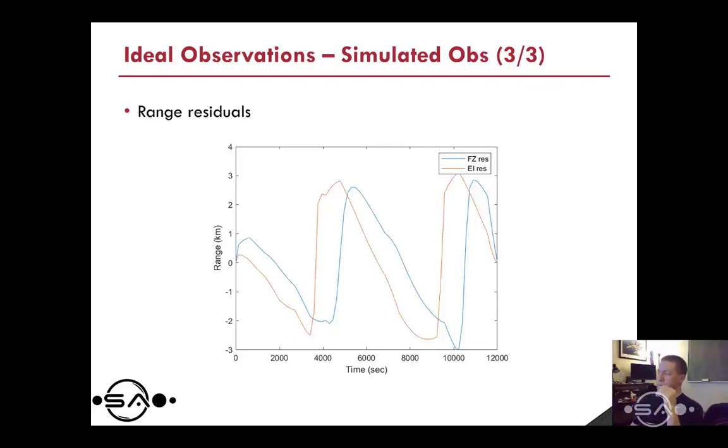Points to whoever can tell me what's currently wrong with these range residuals. Now I'll give you a hint here because without context, you're never going to guess. I used ODE45. So let's think about that for a minute. ODE45 is a numerical integrator, Runge-Kutta-Fehlberg.